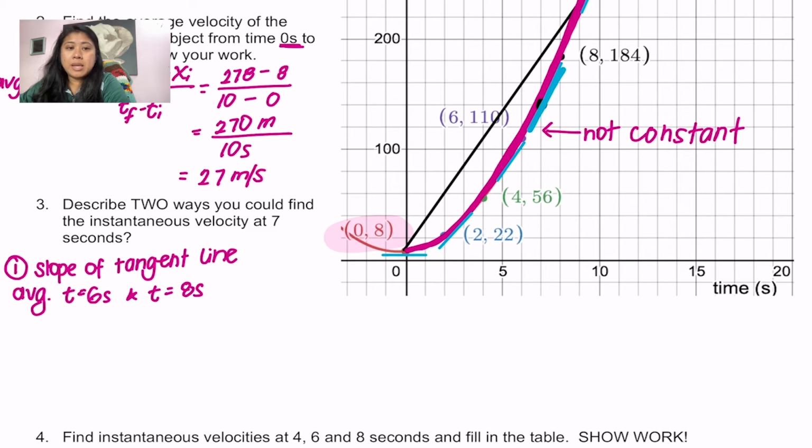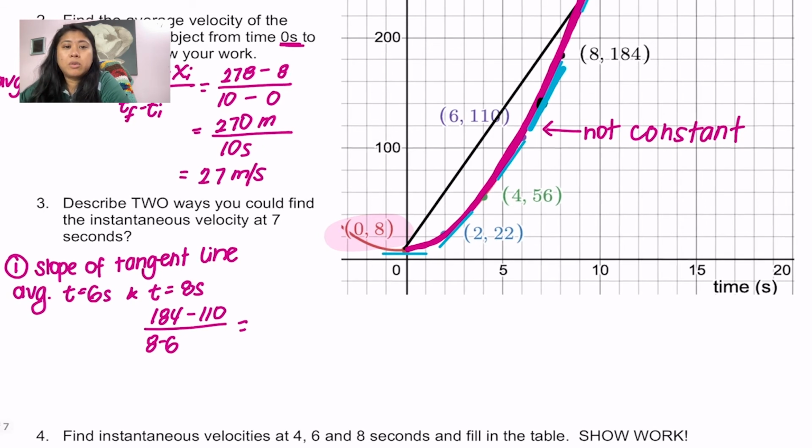So we'll pick 6 seconds and 8 seconds. And we'll just do the same thing we did in number 2, finding the average velocity between 6 and 8 seconds. And that will be parallel to the tangent line that we've talked about in class. And so we have 184 minus 110 over 8 minus 6, which is going to give us 74 over 2, which will result in 37 meters per second as our instantaneous velocity at 7 seconds.